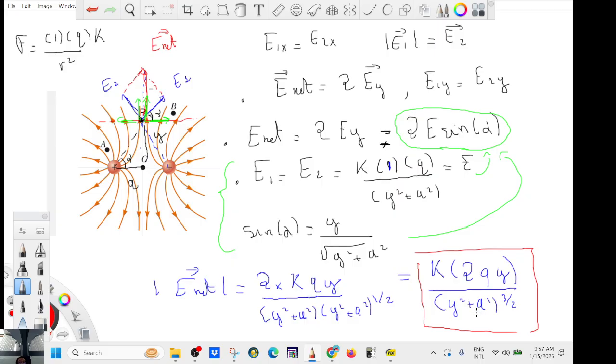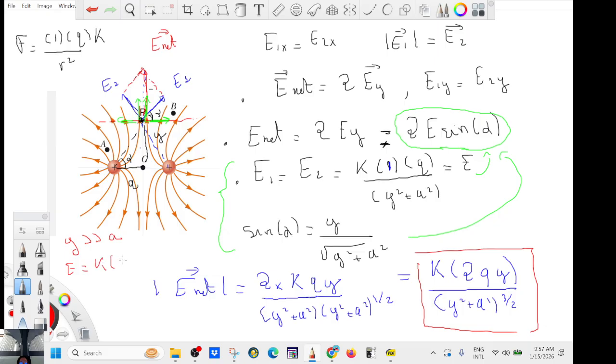Can you find the limit? Find what's going to happen to this when y is very big compared to a. So a disappears, you cross it out, bye. That's how we find a limit, right? So when y is very large compared to a, what's going to happen? Do the limit.